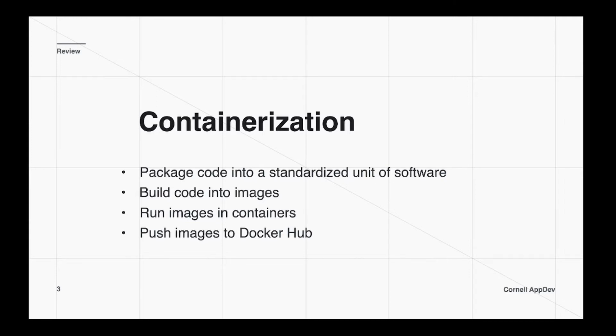The containers know what needs to be run for the code to work properly from the Docker file that you specify. And you can run the images either using Docker run, or if you made a Docker compose to have a shortcut, you can just do Docker compose up. And then finally, we want to push our images to Docker Hub, and from there we'll be able to save that little unit so that we can pull it from anywhere and be able to run whatever we packaged.